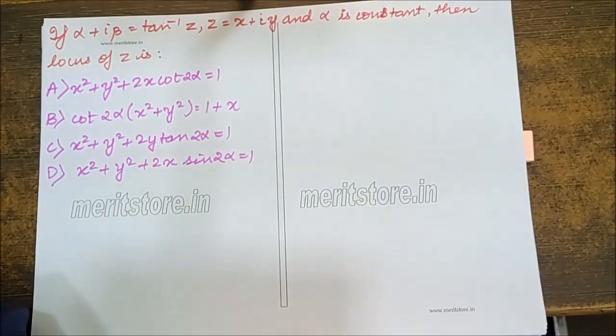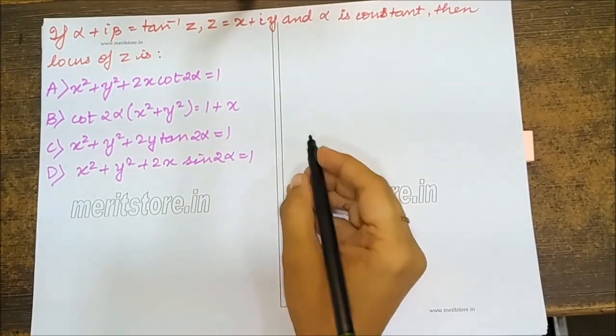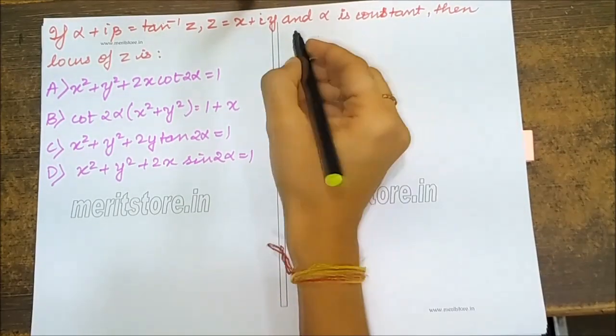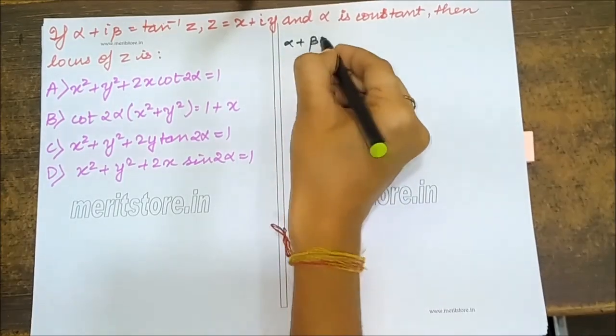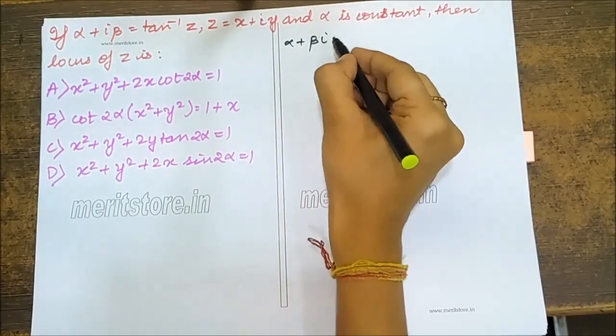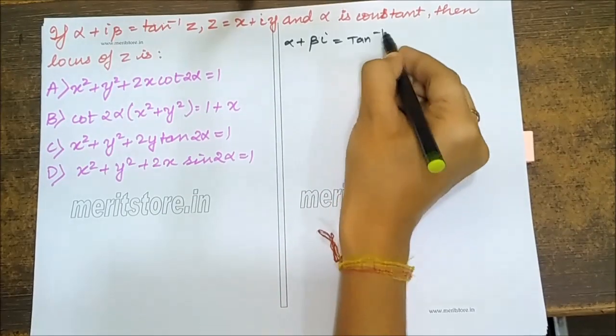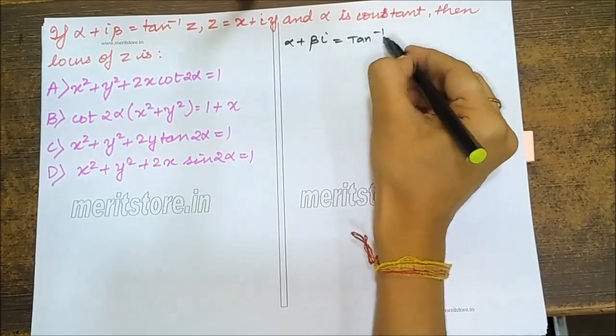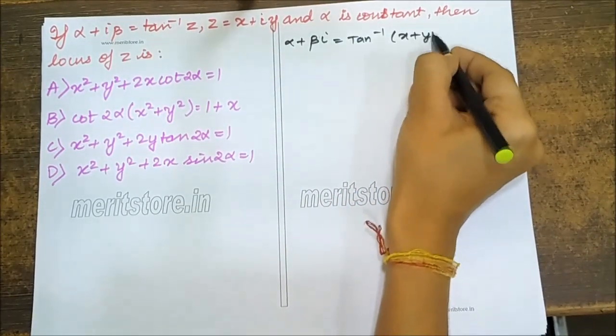So if alpha plus i beta is equal to tan inverse of z, z is equal to x plus yi, and alpha is a constant, then locus of z. So what you have is alpha plus beta i is equal to tan inverse of z. Now tan inverse of z can be written as x plus yi.